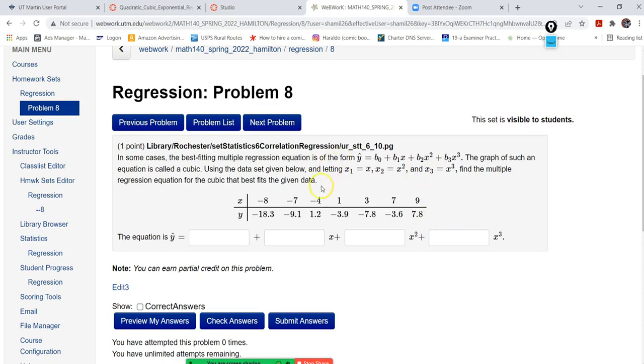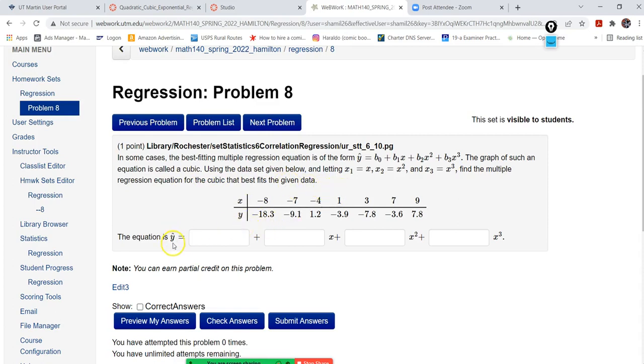Got to be really careful with this one. The graph of such an equation is called a cubic. So they're telling you to use cubic regression. Here you've got to be really careful, because they want you to find the multiple regression equation, which just means find the regression equation for the cubic that best fits the given data.